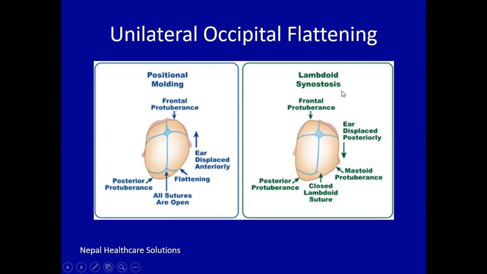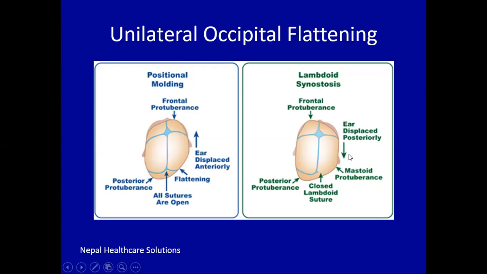But with these lambdoid or any early suture closing, we need to have them evaluated by a maxillofacial pediatric orthopedist to see if they want to do surgery or not. So a big thing that separates the two is that the ear is displaced posteriorly on the affected side if it's more pathologic.